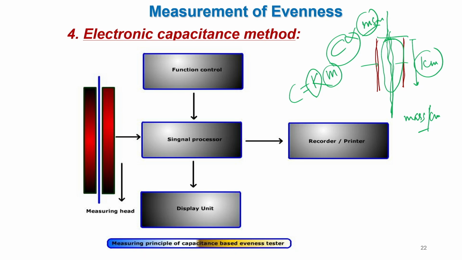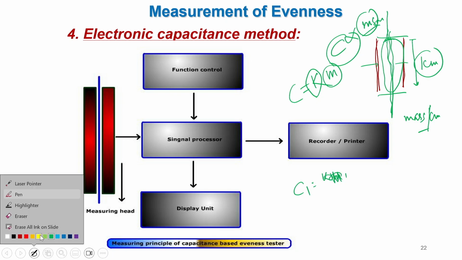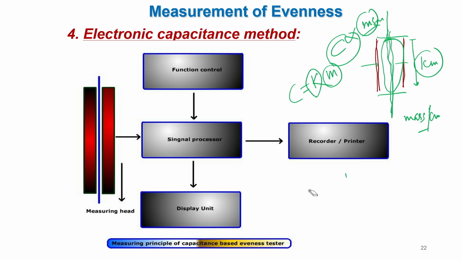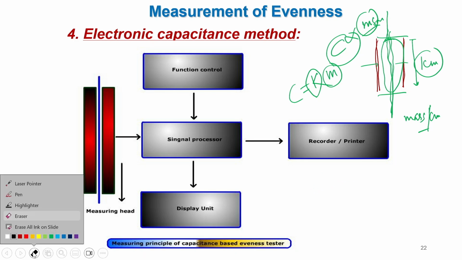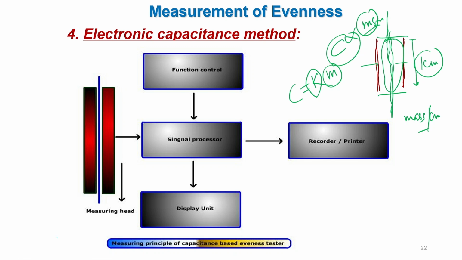So at this stage we are measuring mass. So, capacitance C1 is equal to K M1.